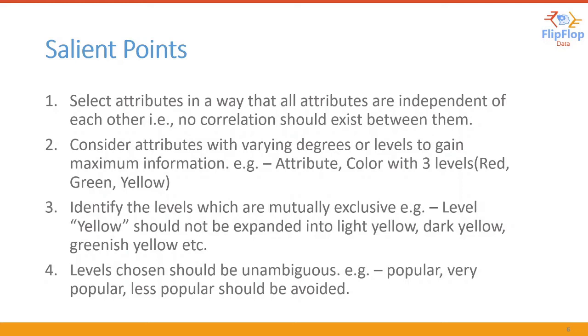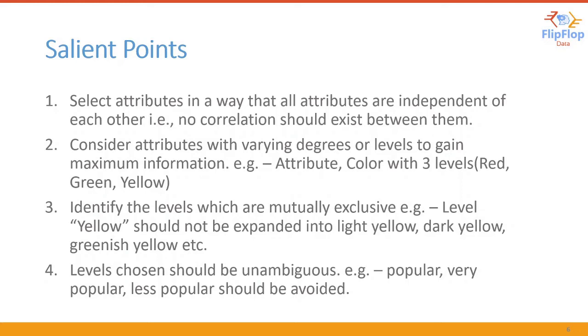That is, no correlation should exist between them. Second, considering attributes with varying degrees or levels will be a good idea to gain maximum information. For example, if we take the attribute color having three levels red, green, yellow, then that is the ideal one.